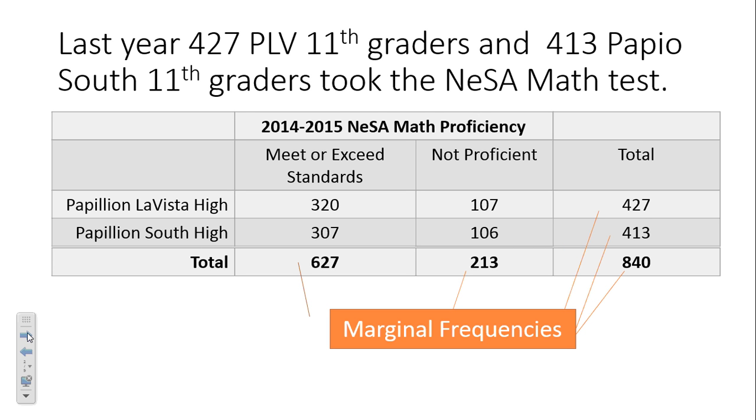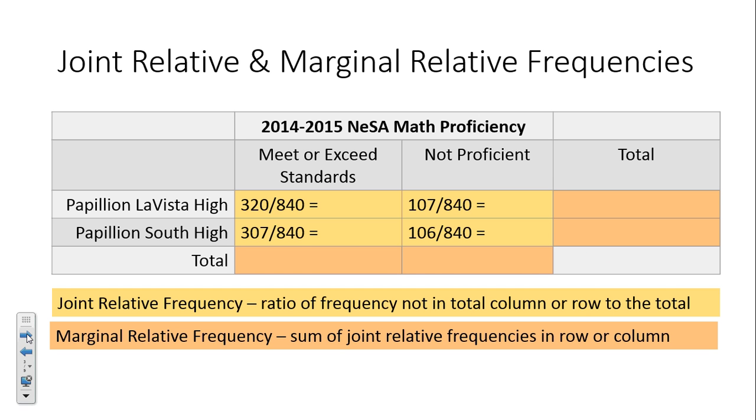Okay? All right, so joint relative frequency is the ratio of the frequency not in the total column or row to the total. Okay? So joint relative frequency is the numbers that are in these middle boxes divided by the total. Those counts.